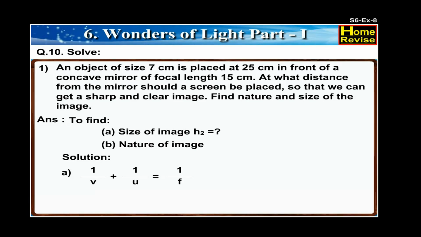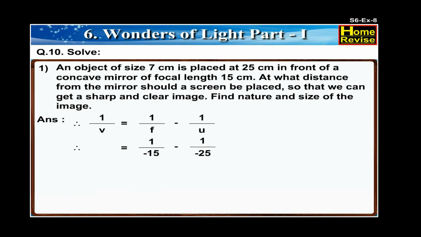Solution. 1. 1 upon V (image distance) plus 1 upon U (object distance) is equal to 1 upon F (focal length). Therefore, 1 upon V is equal to 1 upon F minus 1 upon U. Substituting the values, 1 upon V is equal to 1 upon minus 15 minus 1 upon minus 25, which equals minus 1 upon 15 plus 1 upon 25.